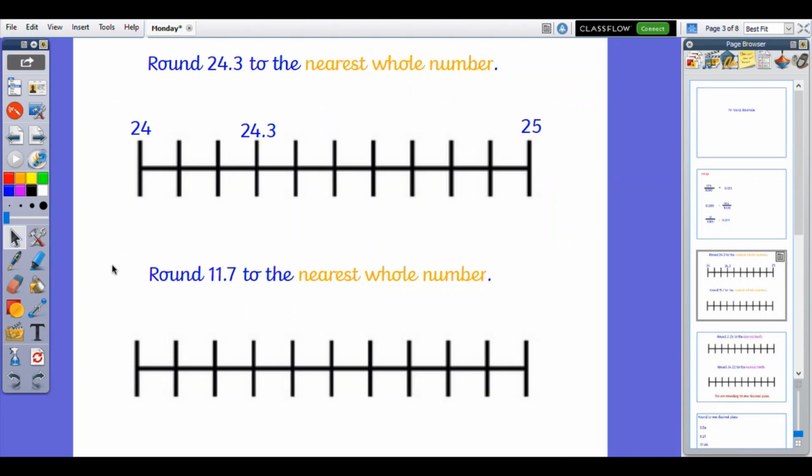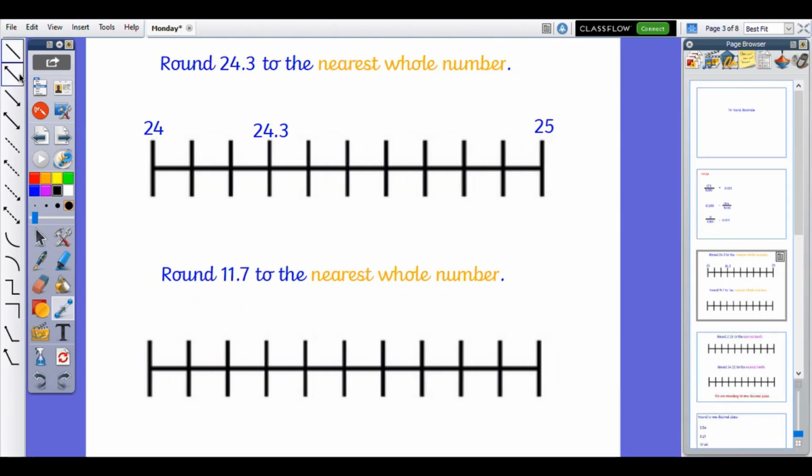Okay, and now we're going to look at the distance between the two. Okay, so the distance between 24.3 and 24 and the distance between 24.3 and 25. So I'm going to get my arrows out. So I've got from here to here, and I've got from here to here.